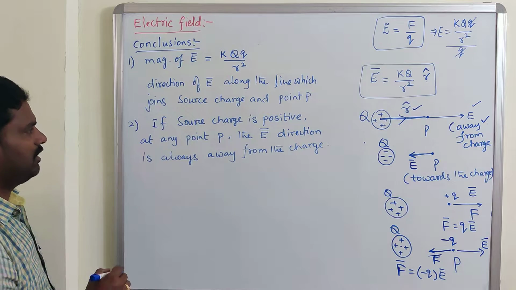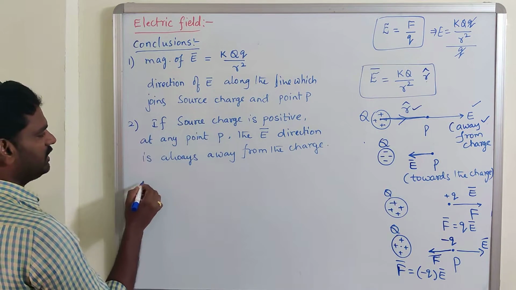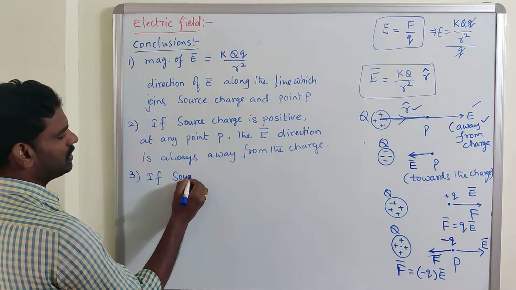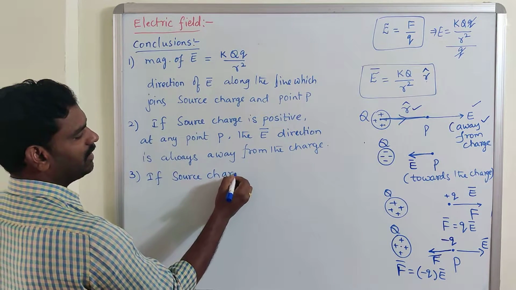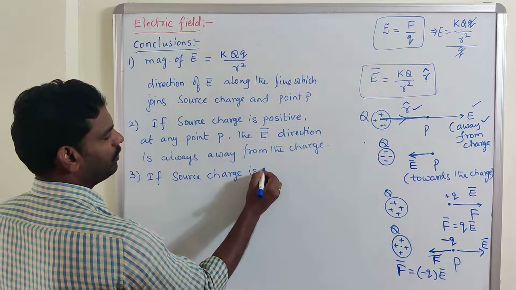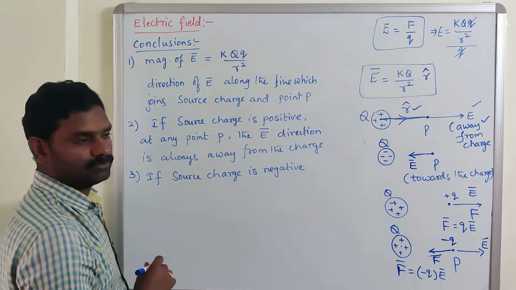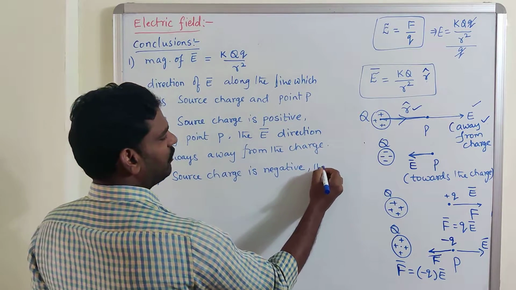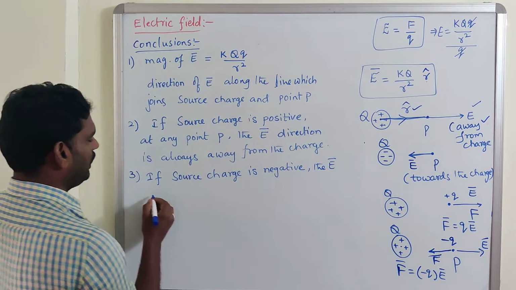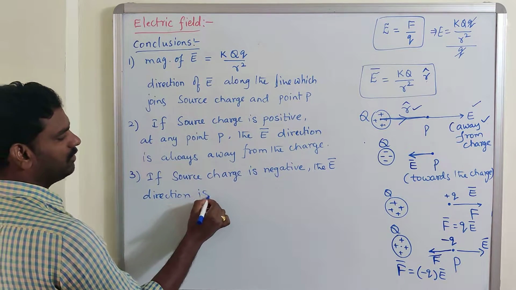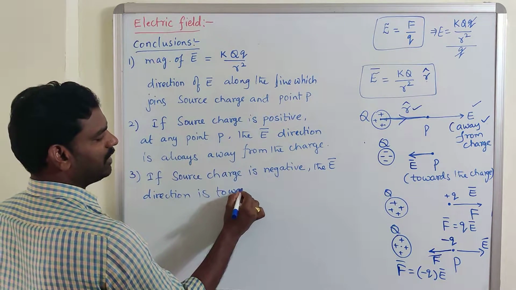Next point is, if source charge is negative, the electric field direction is towards the charge.